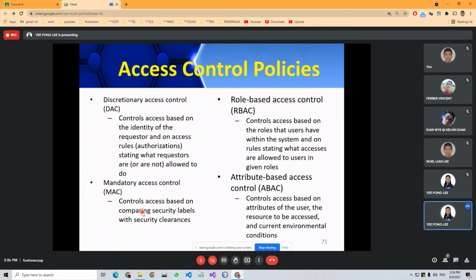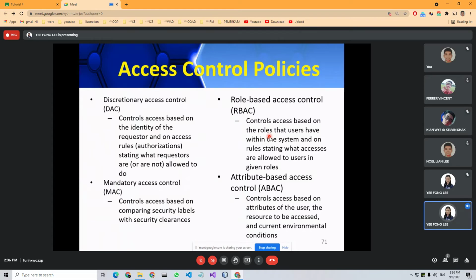Okay, it means who is the requester and how sensitive the system resources are. Which part can be accessed by the public? If too sensitive, it might be permitted to be accessed only by certain levels of users. Role-based is one more easy to understand. What role does the user have? Apakah peranan?